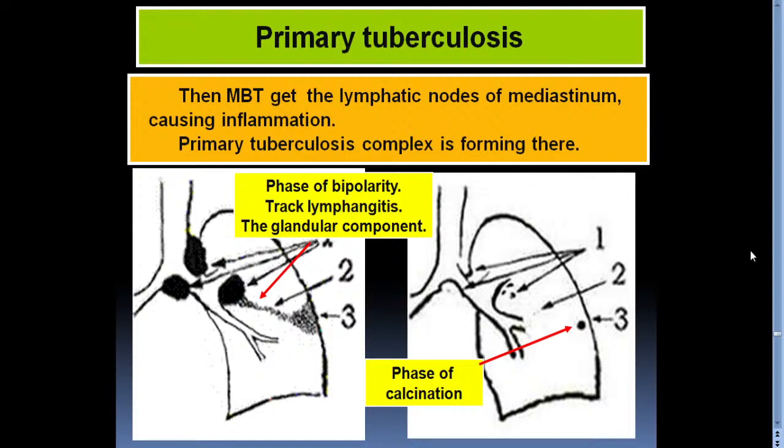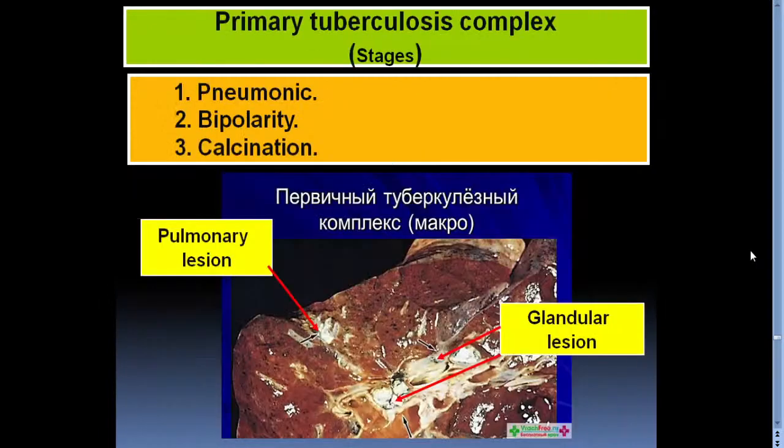And on the second picture, you can see the last phase of primary TB complex, named phase of calcination or calcification. Primary tuberculosis complex has three stages. First stage, named pneumonic stage.